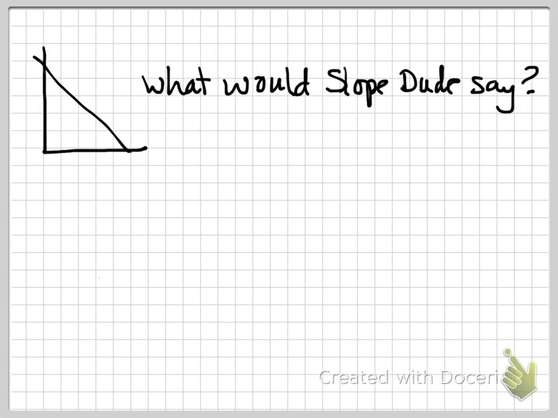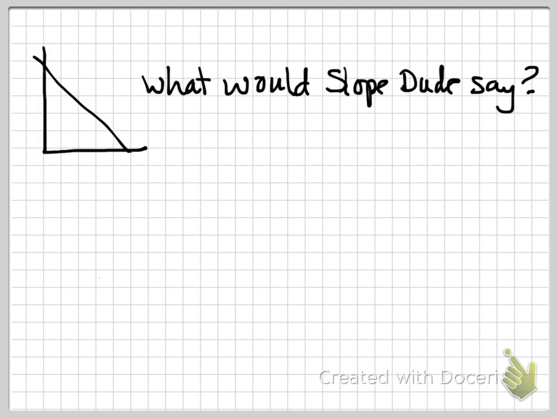So I do want to share something because now we're dealing with all sorts of different signs in our slope. And when you take your quest on Tuesday, I have noticed with Math 8 and sometimes with you guys as well, that you remember the words that Slope Dude used. And when I ask you what would Slope Dude say, you would tell me, for what? For that graph.